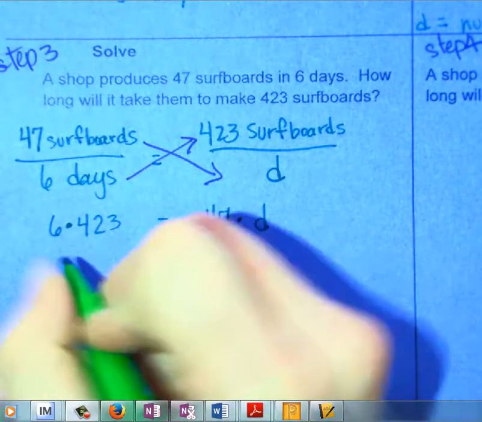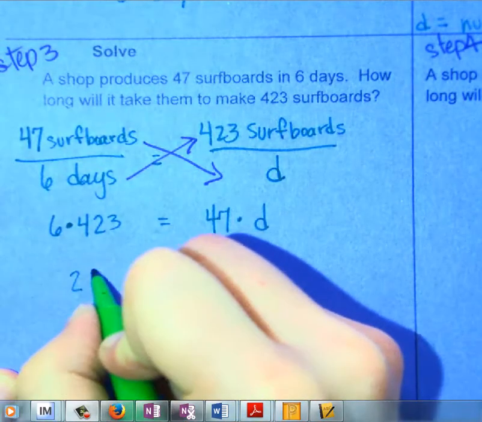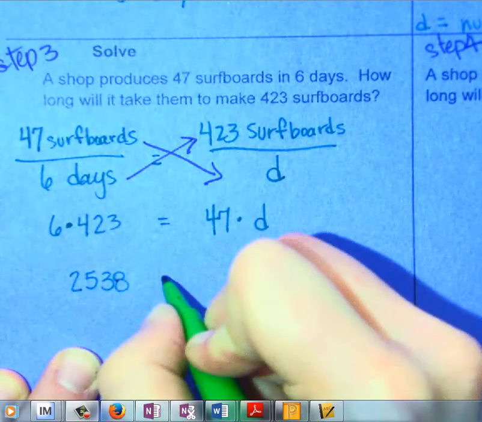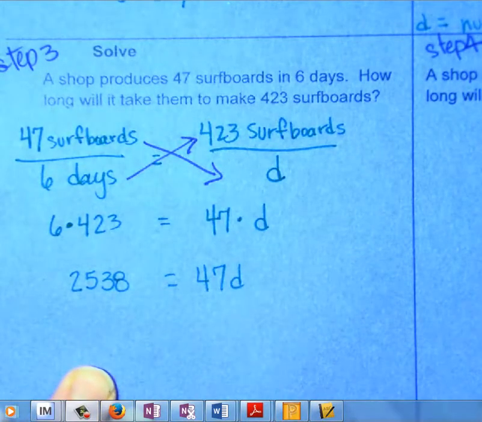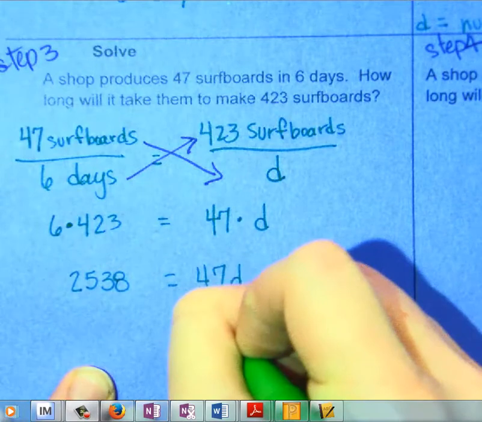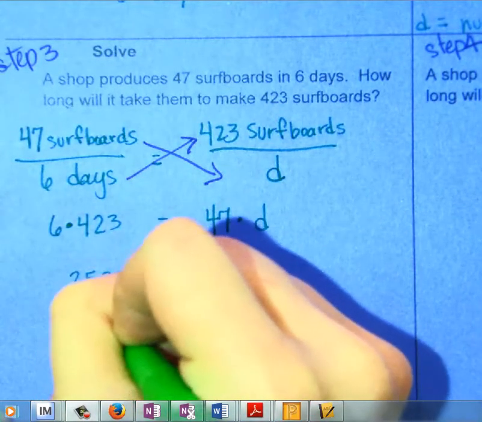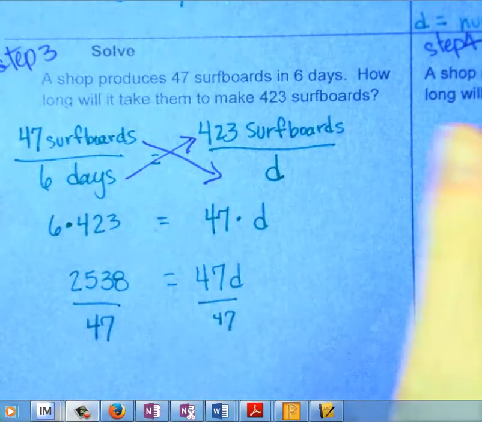This is 2,538 and 47D. So now we have a one-step equation, so we're going to divide by 47, both sides, to undo multiply by 47.